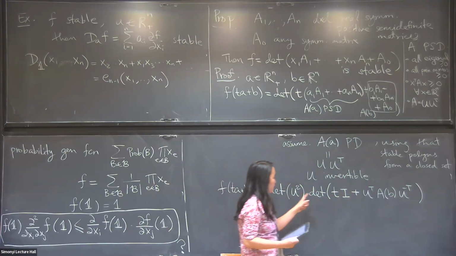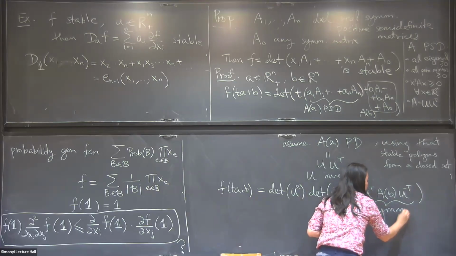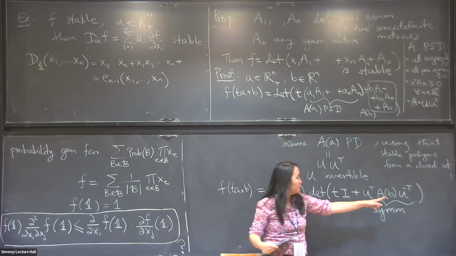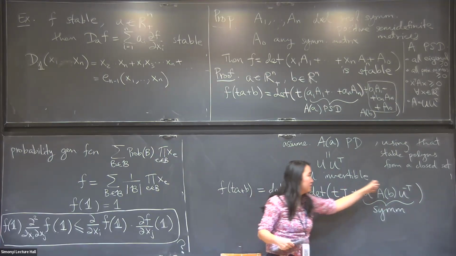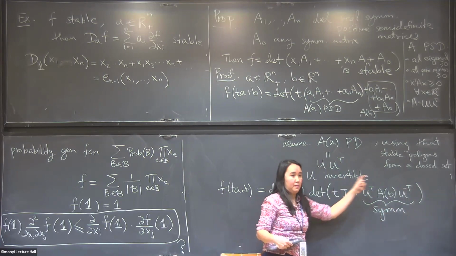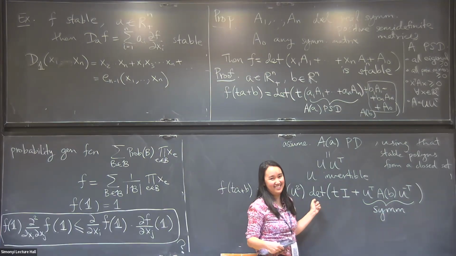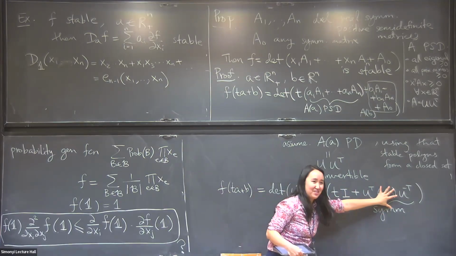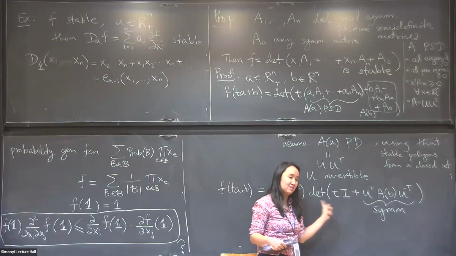Now looking at this, whatever this is, it's a symmetric matrix, and T is just one variable. Does anyone recognize this polynomial? What does it remind you of? What are the roots of this polynomial?